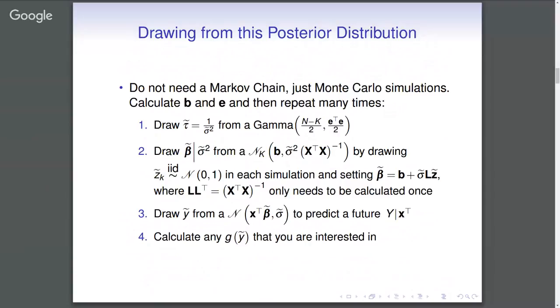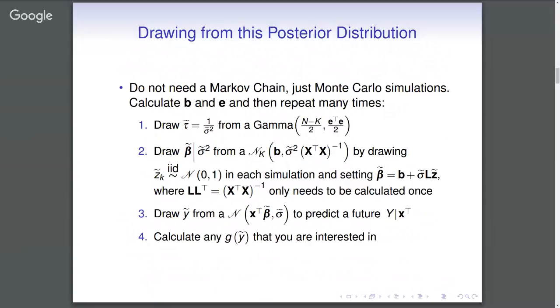If you want to draw y from its posterior predictive distribution, then you can just draw that from a univariate normal distribution using your draw of beta as the coefficient vector and your draw of sigma as the standard deviation. This is what you believe a future y would be for a given x, and it has a normal distribution as well.